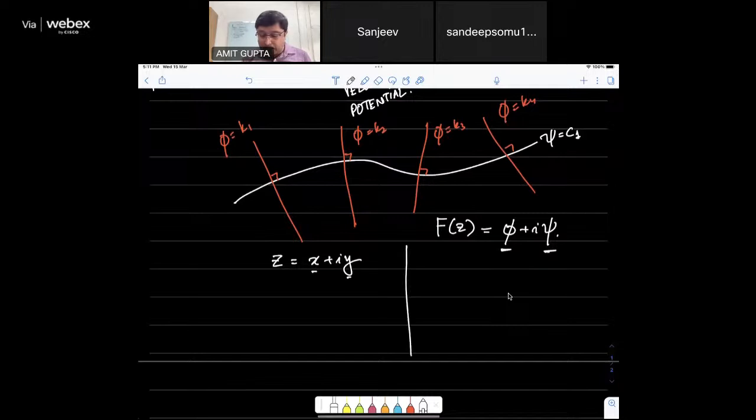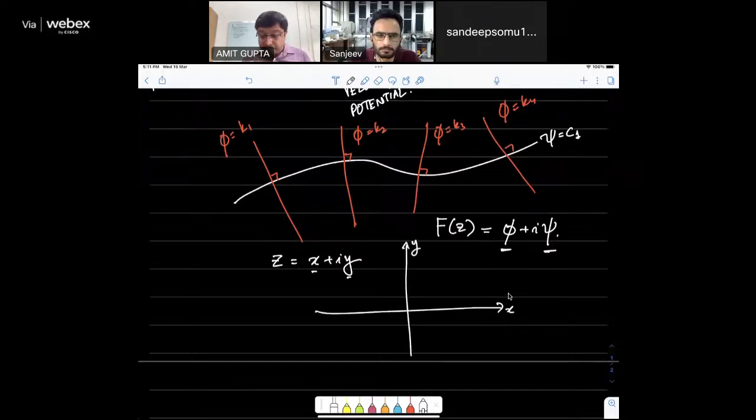In the z plane, x is here, y is here. Similarly, f of z is a combination of two orthogonal functions, phi plus i psi. This is something we have used in this course quite extensively, a new concept which may not be very apparent.